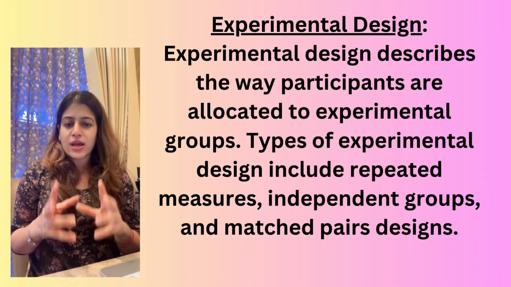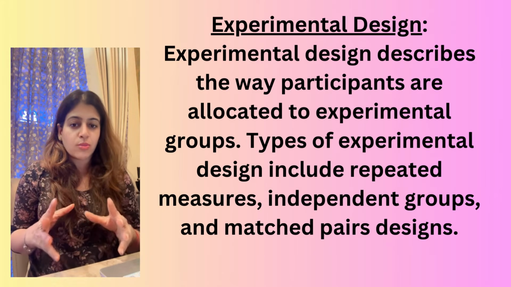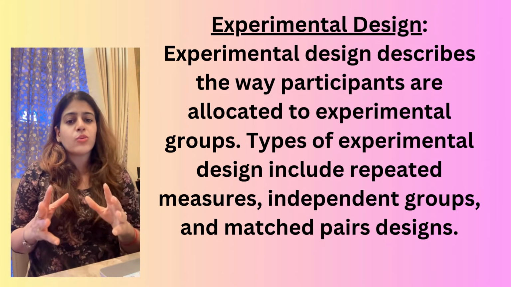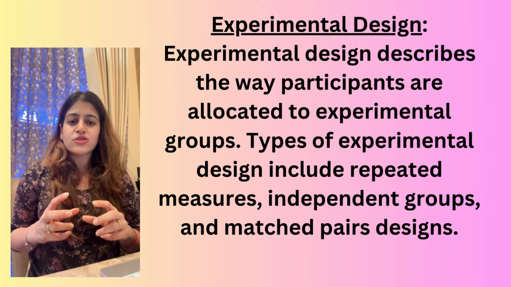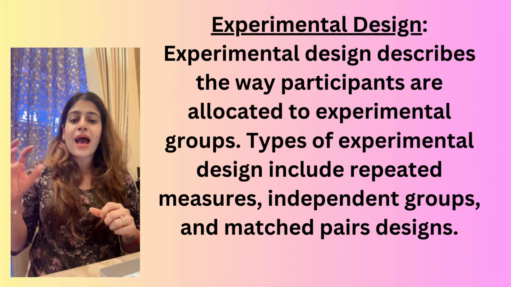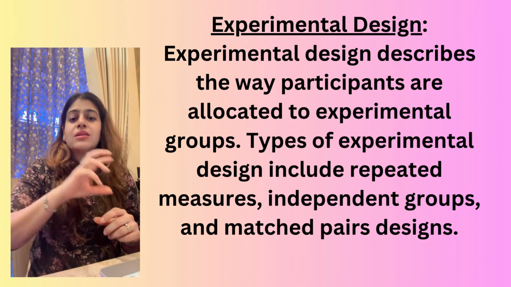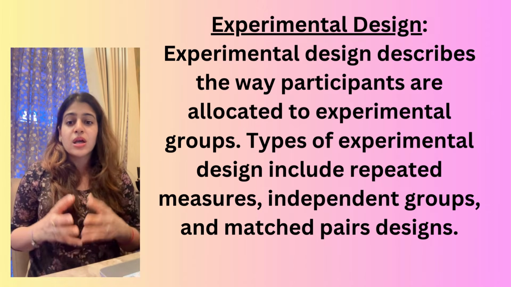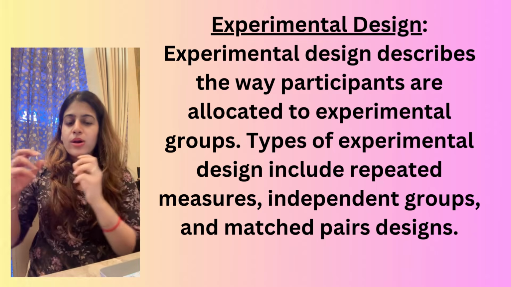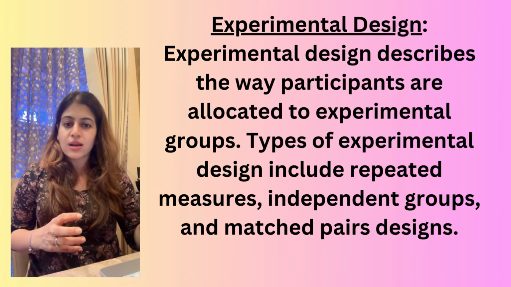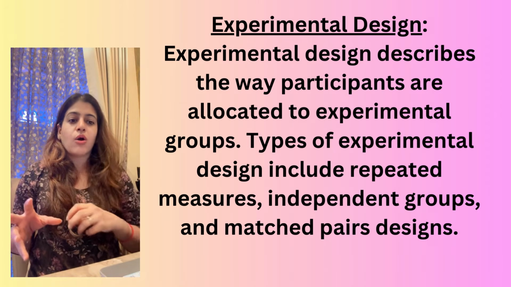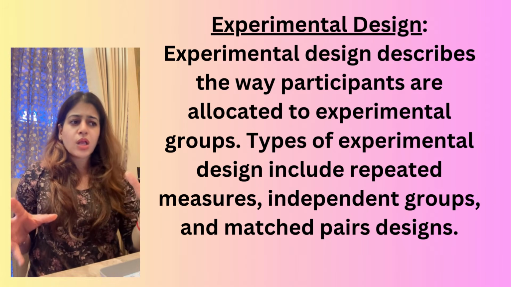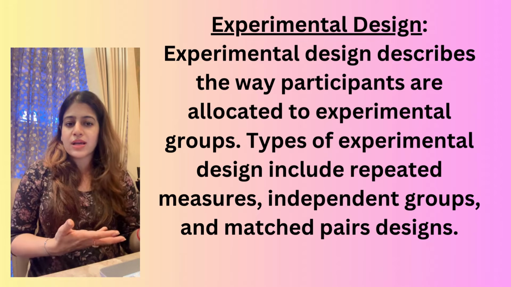Right now in this class, it is not about experimental designs, but I would tell you in brief that to control the extraneous variables here, we can allocate the participants in the right way to different conditions. It shouldn't be like all the boys are in one condition and all the girls are in another condition, or all the athletic are in one condition and all the non-athletic are in the second condition.